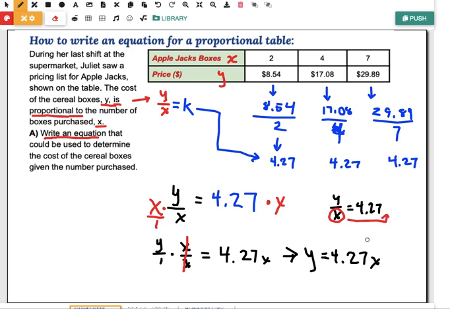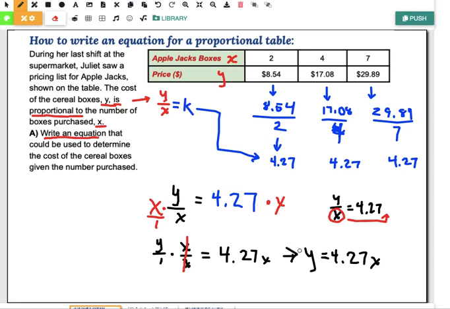You have to understand that the calculations I just did are the reason why you end up with that. But a quick shortcut, once you understand it, is you can just move the X over to that side and that will be your equation.